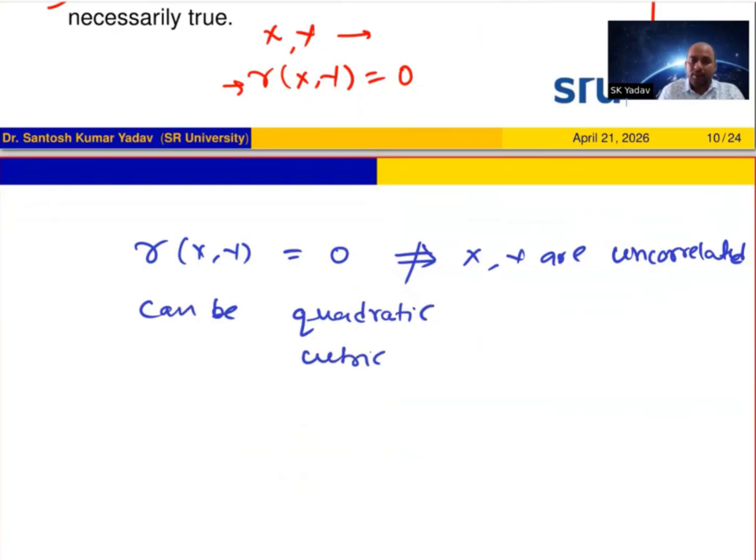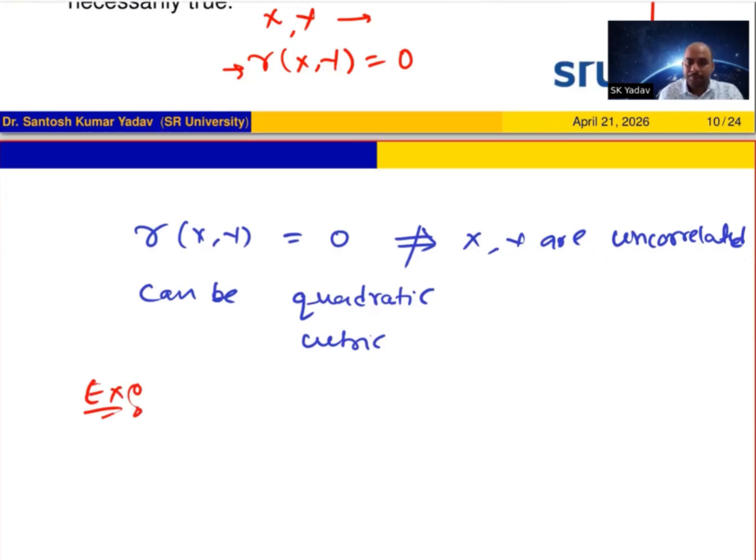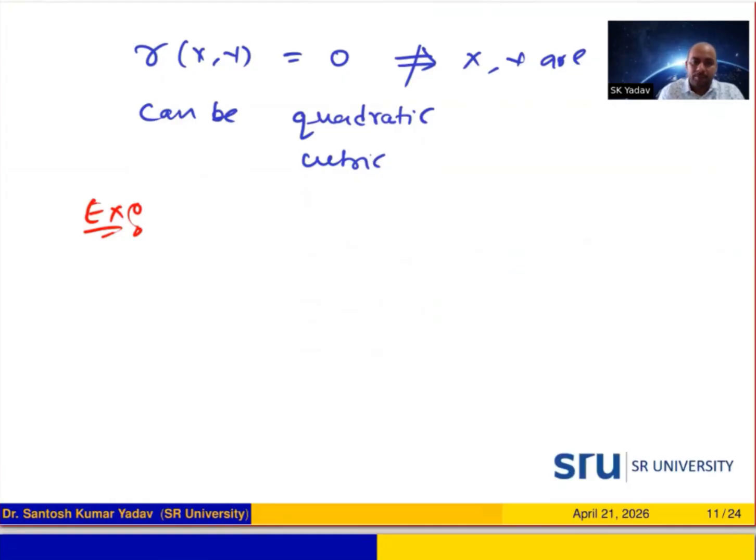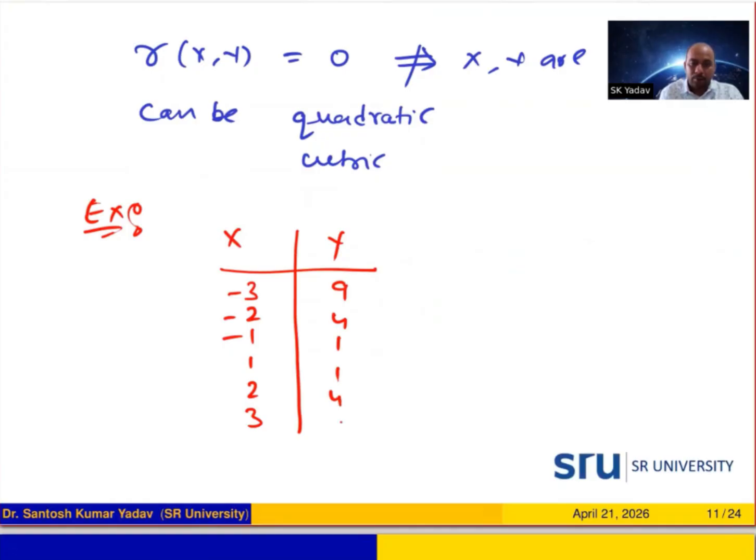As an example, we can see here, if I have certain data, and you can easily verify this. Suppose I have data x: -3, -2, -1, 1, 2, 3, and y here is 9, 4, 1, 1, 4, 9. For this particular data, if you compute r of xy by applying any kind of definition, you get 0.